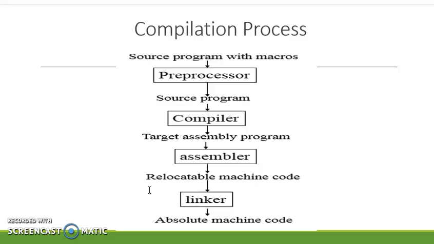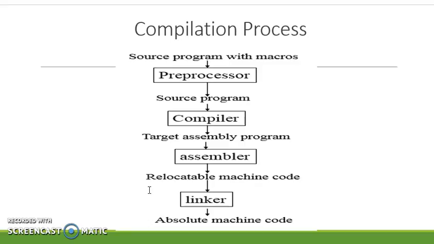The compilation process is shown in this slide, where the source program with macros is given to the preprocessor. In this step, the source program is converted and given to the compiler. The compiler performs the translation from the source program into a target assembly program.